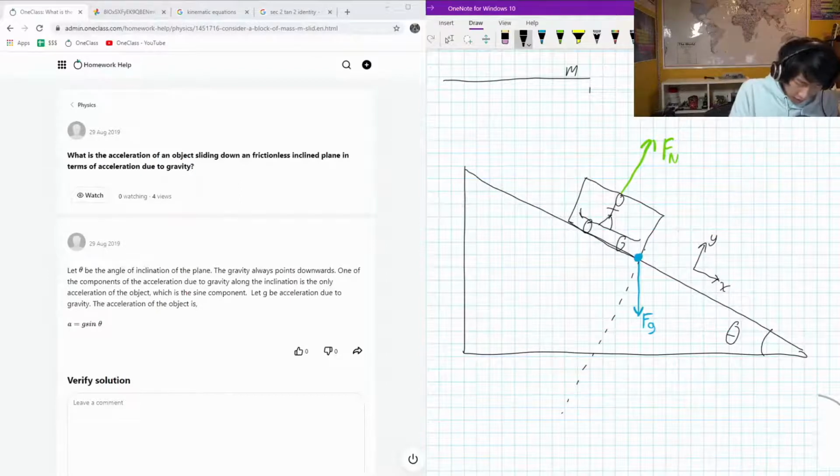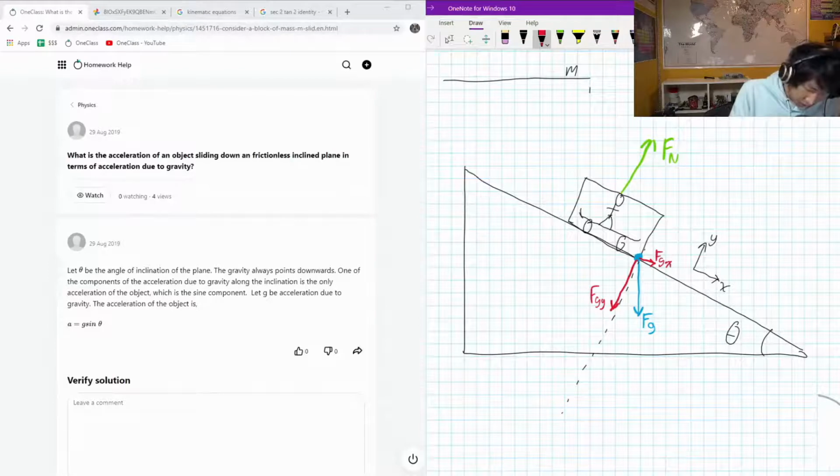Okay, so what's going to happen here is we know that our gravity, we can break this down into components. Let's make the components a different color, maybe in red, like a raspberry. Here we have our FGY, and here we have our FGX.